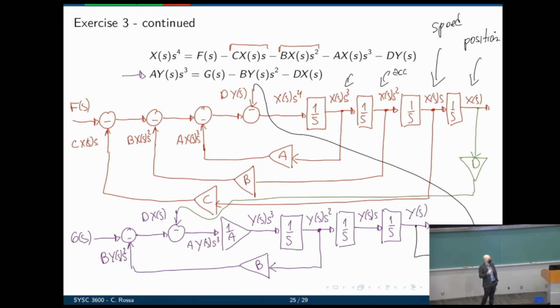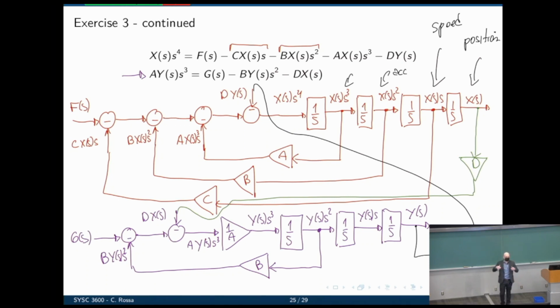We can never have a derivative by itself because a transfer function, remember, always has the degree in the denominator higher than or equal to that of the numerator, but not the other way around. So physical systems will never have more derivatives than integrations when you do the transfer function. Well, that's not entirely correct.